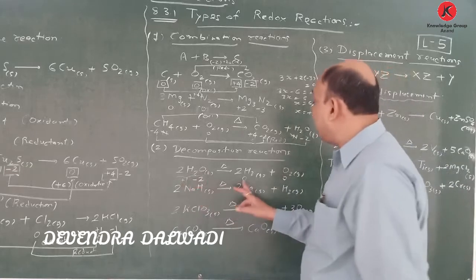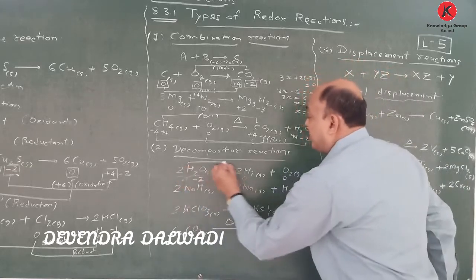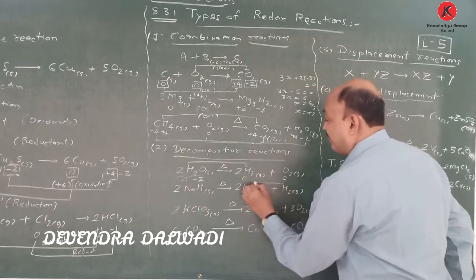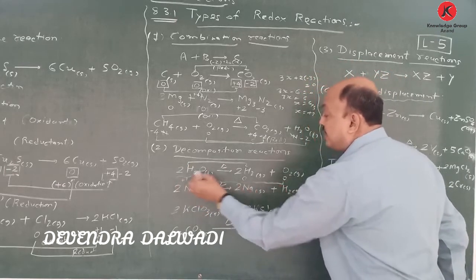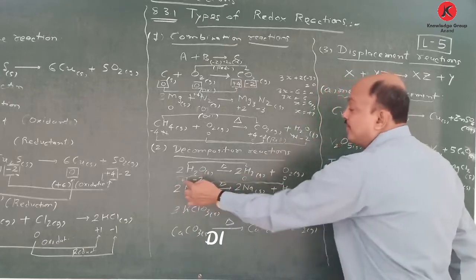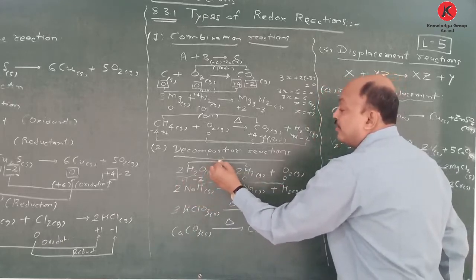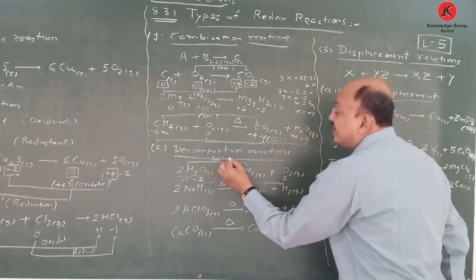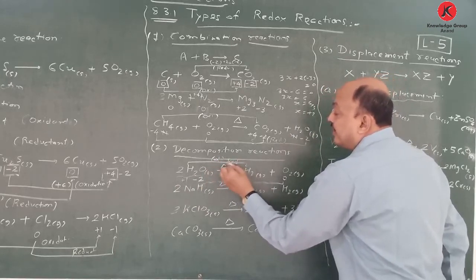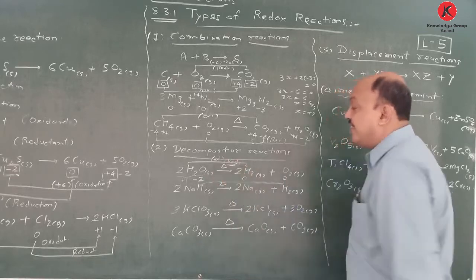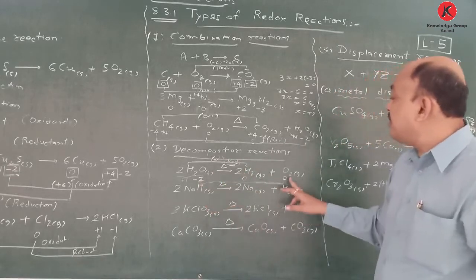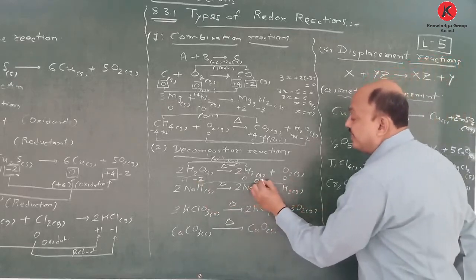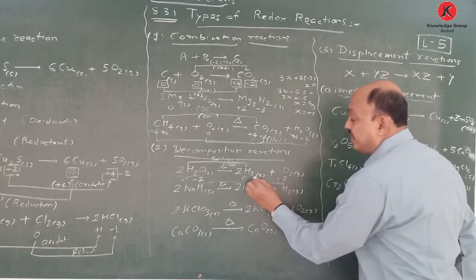So here, plus 1 to 0, it is decreased, so minus 1. Therefore, this is considered as reduction reaction. In O2, minus 2 to 0, it is increased, and that is considered as oxidation reaction.